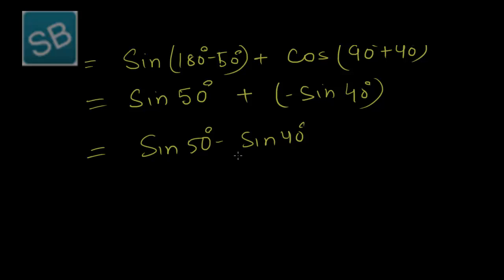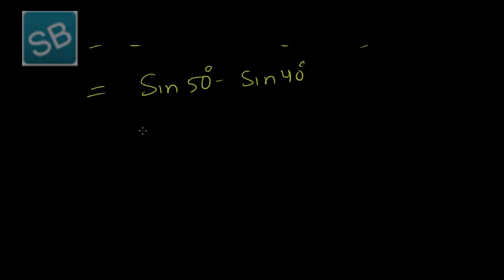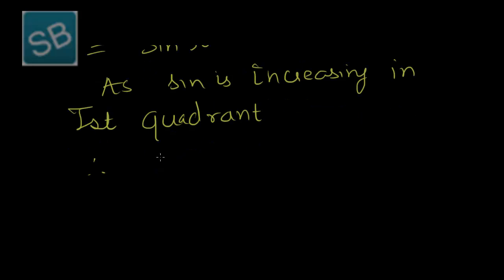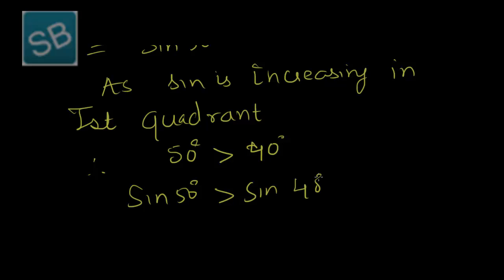Now we can relate these two very easily. As sin is increasing in the first quadrant, and also 50 degree is greater than 40 degree, that means sin 50 degree is greater than sin 40 degree.